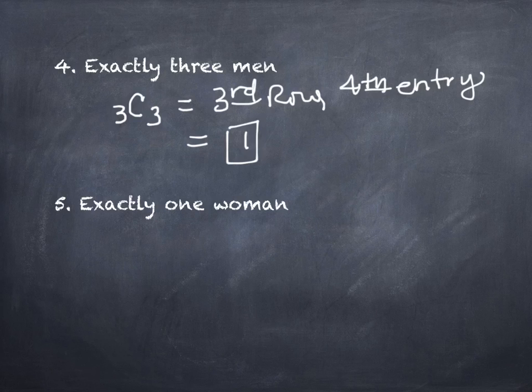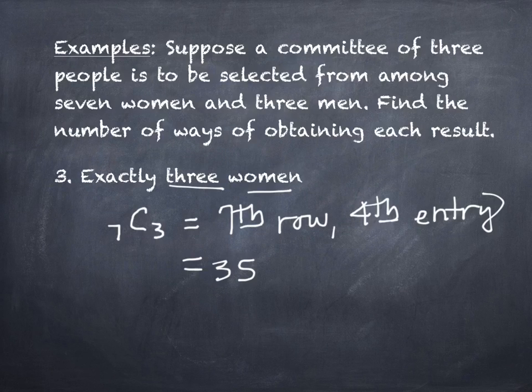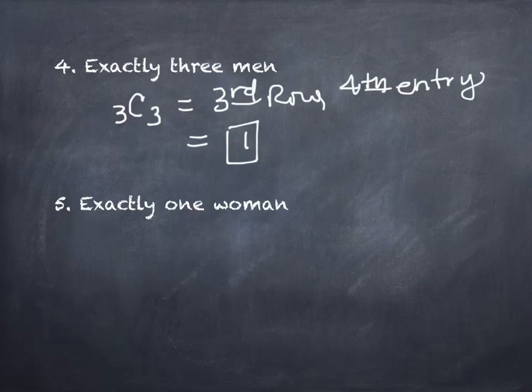It says exactly 1 woman. So, by default, go back to the problem, it told me that I'm going to create a committee of 3 people, right? So I'm not just picking the woman. It says exactly 1 woman, which also means, by default, 2 men.